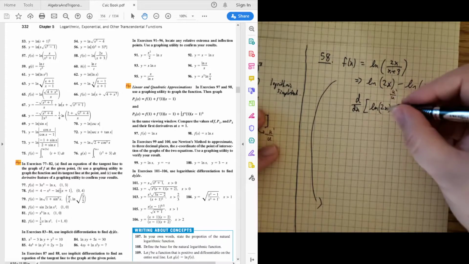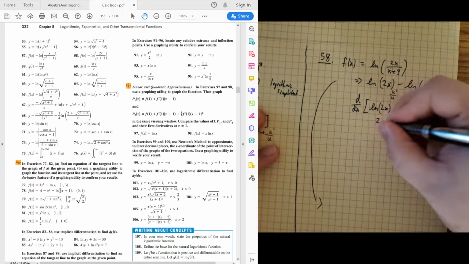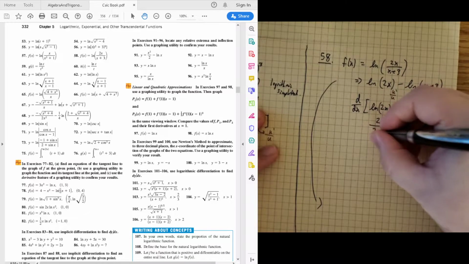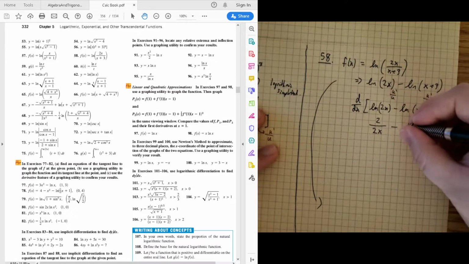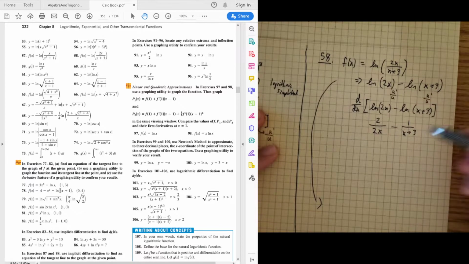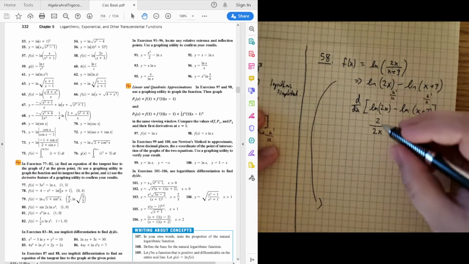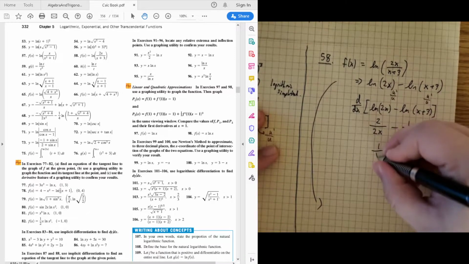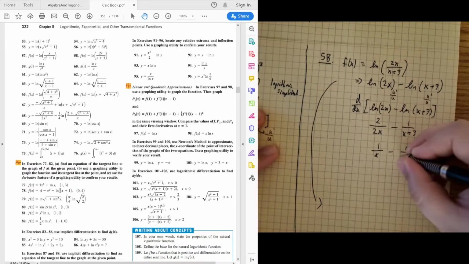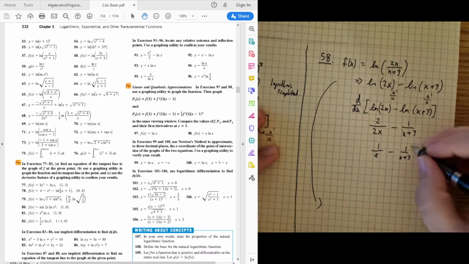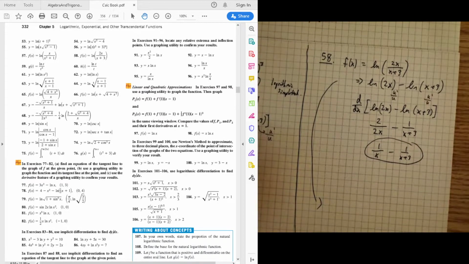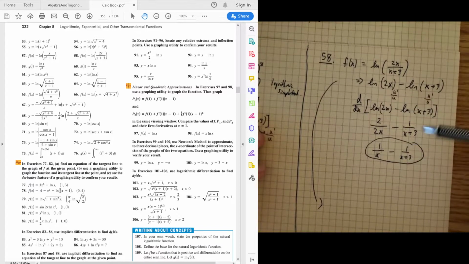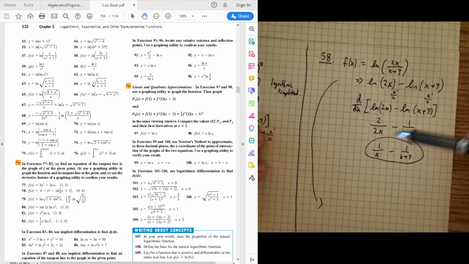So if I do u prime, the derivative of 2x is 2 over u, which is 2x, minus the derivative of x plus 3, which is 1 over x plus 3. And then I should algebraically simplify as much as I can. The 2 and the 2 will cancel, leaving me with 1 over x minus 1 over x plus 3. And that's as far as it can simplify, at least easily. So we followed our rules, and we got to a solution that is algebraically simplified.